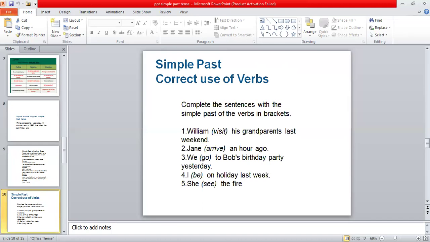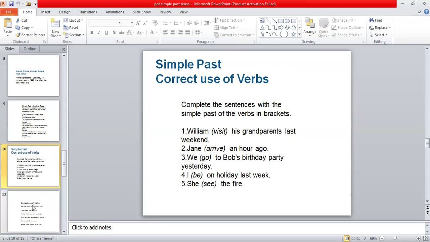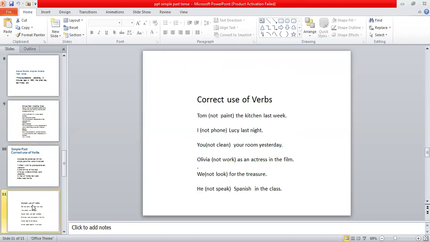Try to do all these sentences yourself, and by the end of the lecture you will have the answer key. Then you have the negative sentences, in which you will use did with the first form of the verb. Try to do the sentences yourself, and then you can check your answers from the answer key.